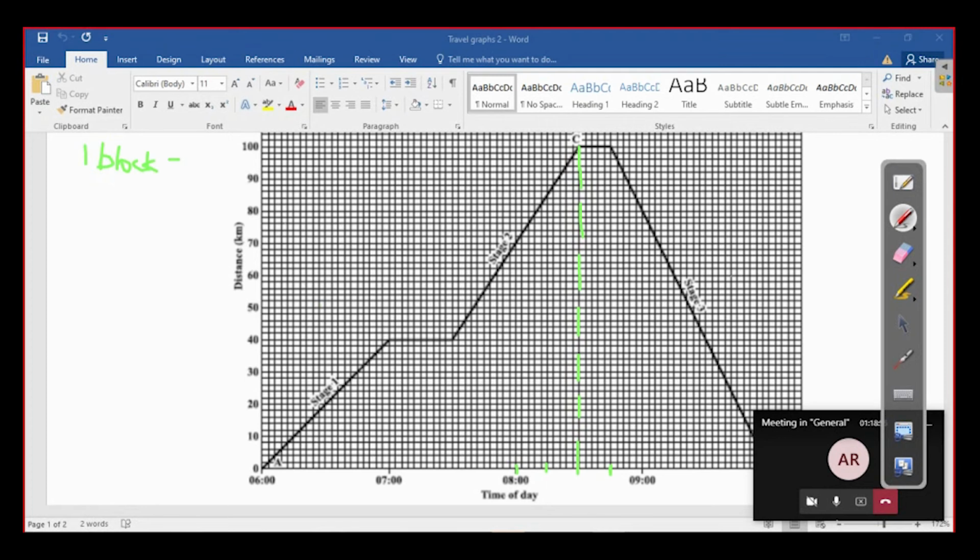We want to know how much time is being represented by one of the 1 unit blocks. So 4 of the unit blocks represent 1 hour. How many minutes do you think 1 block will represent? 1 unit block, not the tiny ones, the ones that consist of the 5 tiny blocks.